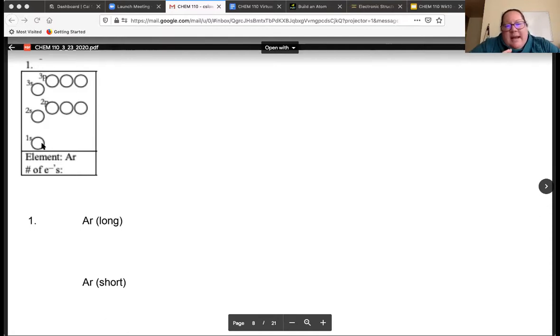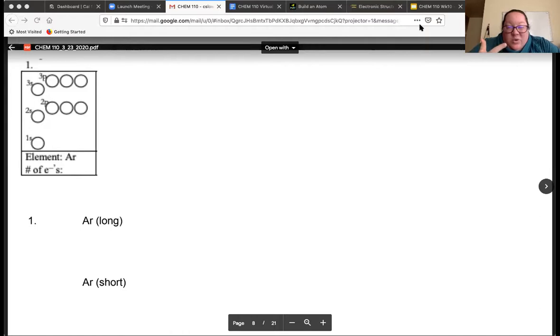And so if we think about how we fill in electron configurations, the way that we do this is by looking at the number of electrons and where we put them. So the first rule is that we always put 2 electrons in every orbital.